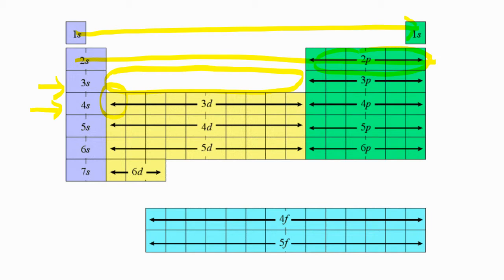And that's a pattern that's going to hold true with any d orbital. It's always going to have a number in front of it that is 1 less than the energy level, the period, that you're on. So if you're on the fourth period of the periodic table, this fourth row, you're going to have d orbitals, but they're going to be the 3d orbitals, 1 less than 4.